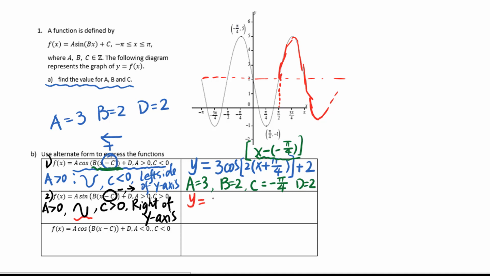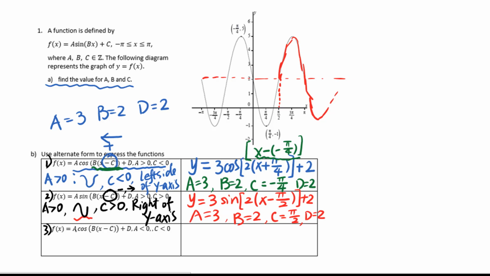So y equals 3 sine of 2x minus pi over 2, then plus 2. So for A equals 3, B equals 2, C equals pi over 2, and D equals 2. You could say for A, B, D won't change, only C changes.